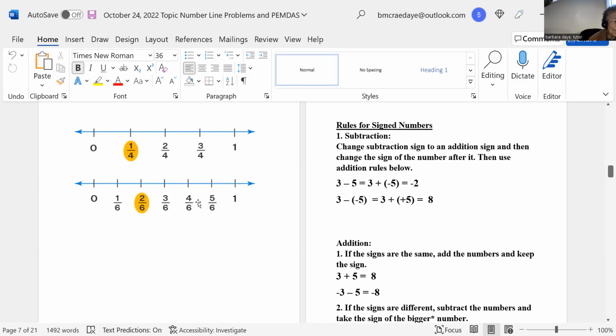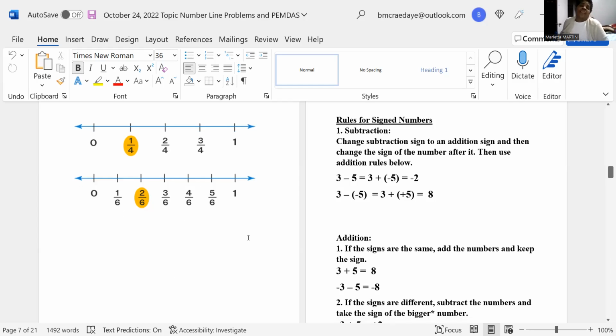If I gave you this number line and didn't tell you this was 2/6, you would know, because if I gave you 1/6 and 3/6, then 2/6 comes after. That's the kind of thing I would give you: a number line with some of the fractions, and you tell me the missing fractions. Got it?